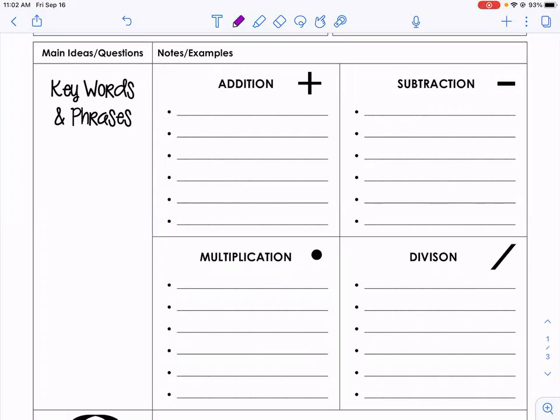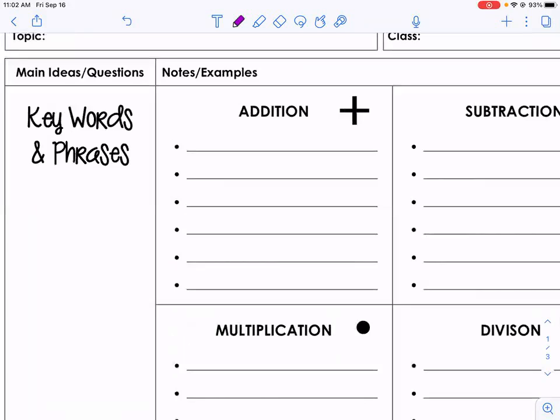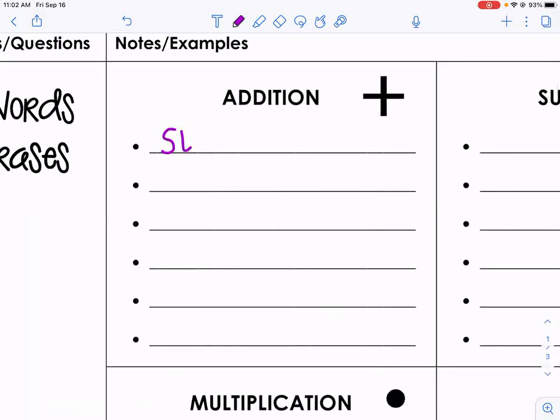What are some words that you think mean that we need to add 2 numbers together? What's a word or a phrase you remember from yesterday? The sum. That is a very important word. Bennett, did you have a different one?